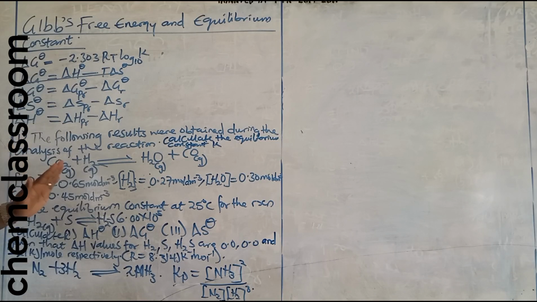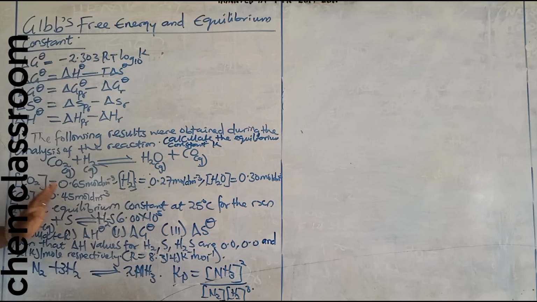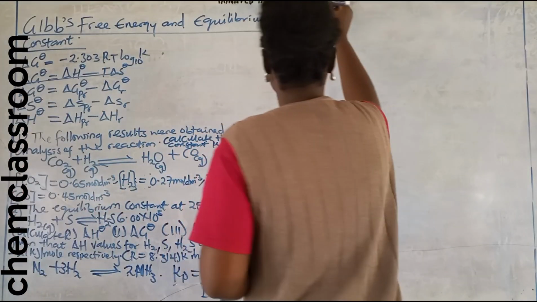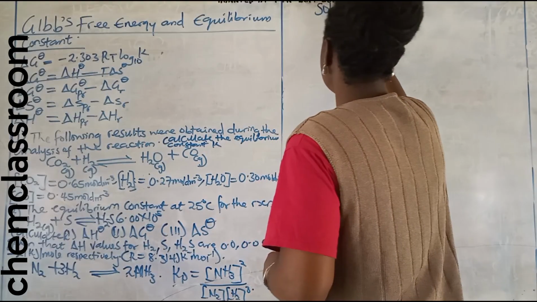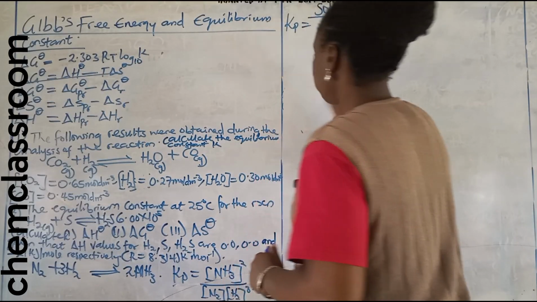Okay, so right away we'll be doing the same thing for what we have here. So the first question here, we have the equation, our CO2 plus the hydrogen gas to give us water and the CO. We are being asked to calculate the equilibrium constant, okay? And they have given us some values to what? To substitute. So right away, solution. So I'm going to write the equilibrium constant, Kp.